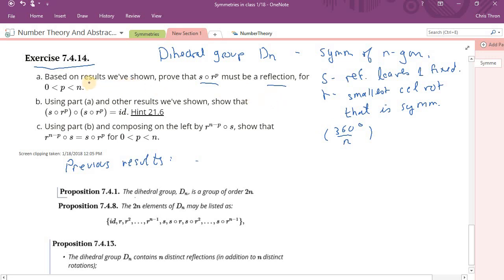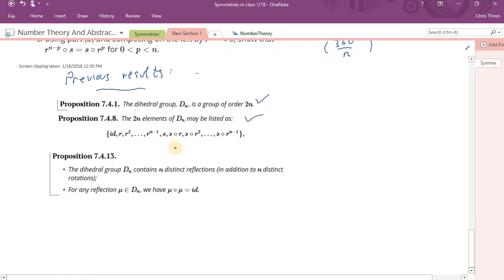Right. So it says based on results that we've shown, let's go back over the results that we've shown. And I've collated them here. First of all, we've proven that the dihedral group has 2n elements. Then we said that 2n elements may be listed in this way. And then we said that Dn consists of n distinct reflections in addition to n distinct rotations.